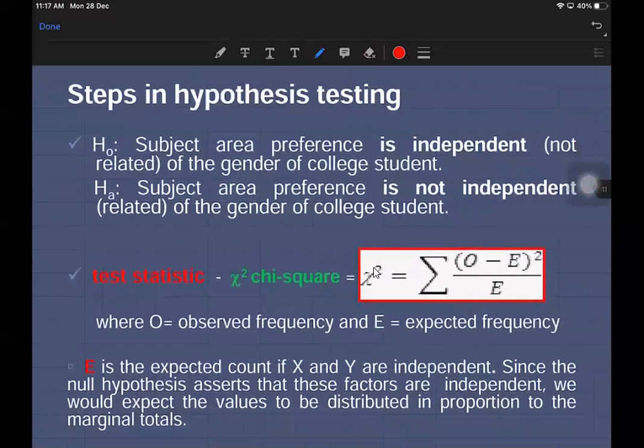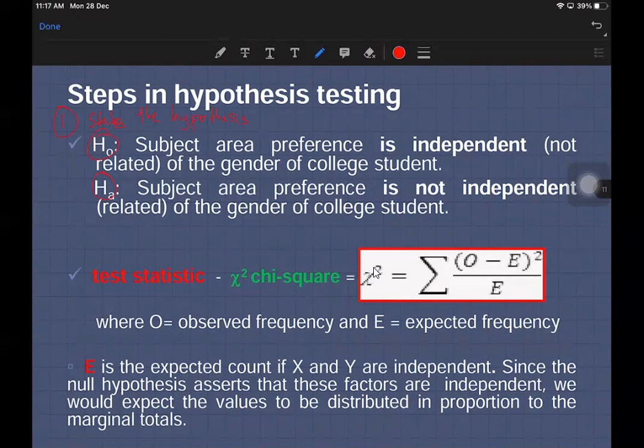So steps of hypothesis testing. We have 5 steps. Step number 1 is to state the hypothesis. Okay, we have the null and the alternative hypothesis.